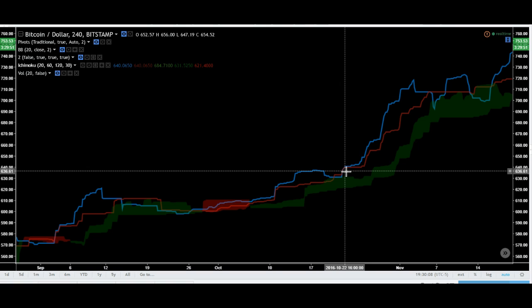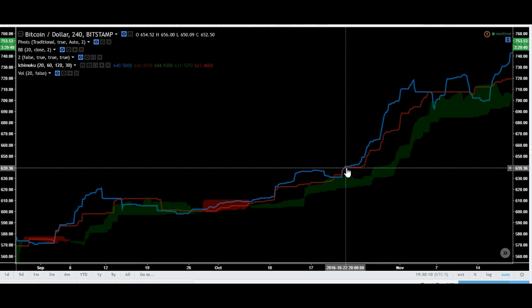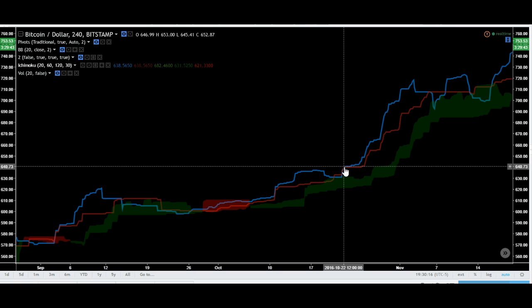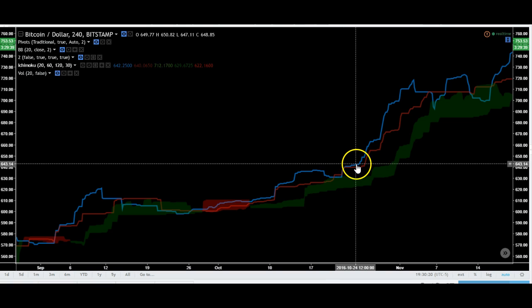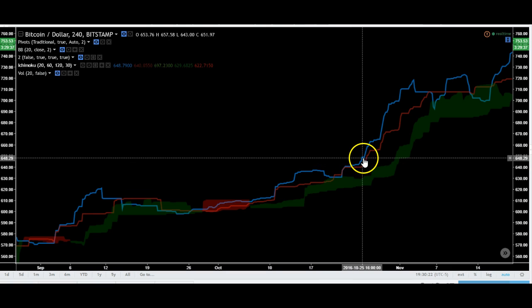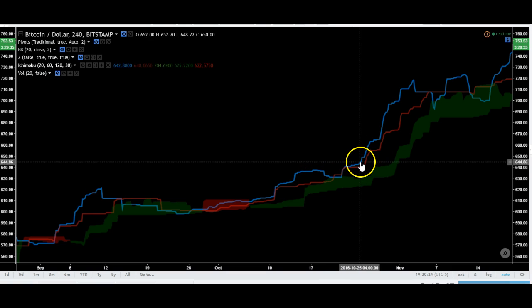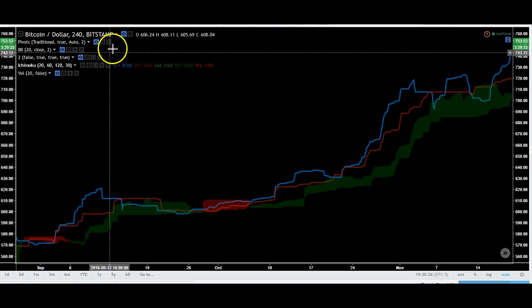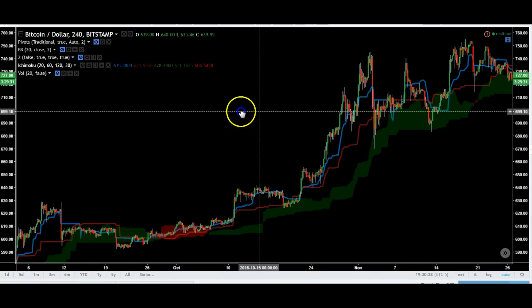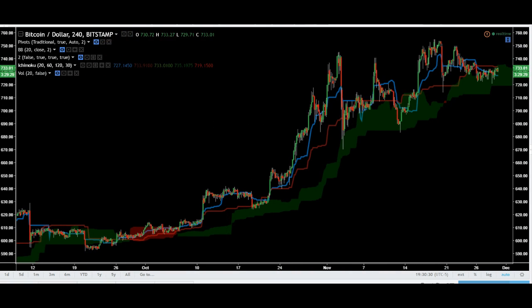This says continuation is happening now. Whether it's bullish or bearish, it doesn't matter. The point is, price is going to continue based on this TK cross. And why is that? Because the faster line, the Tenkan, is above the Kijun, okay? Now you can see that this doesn't always work out.